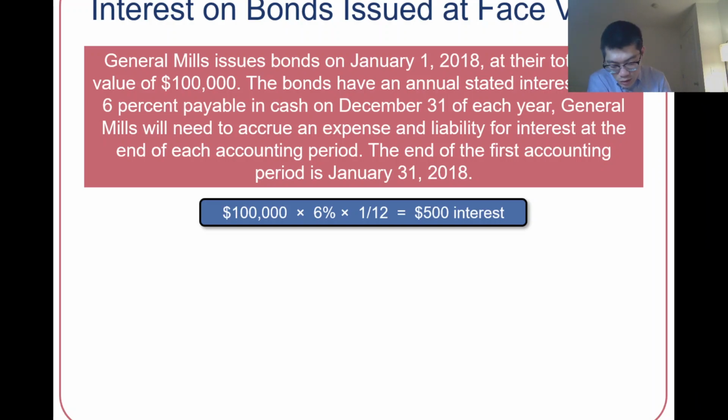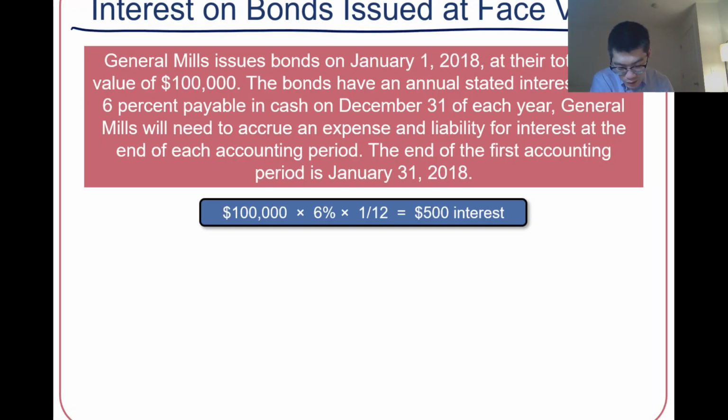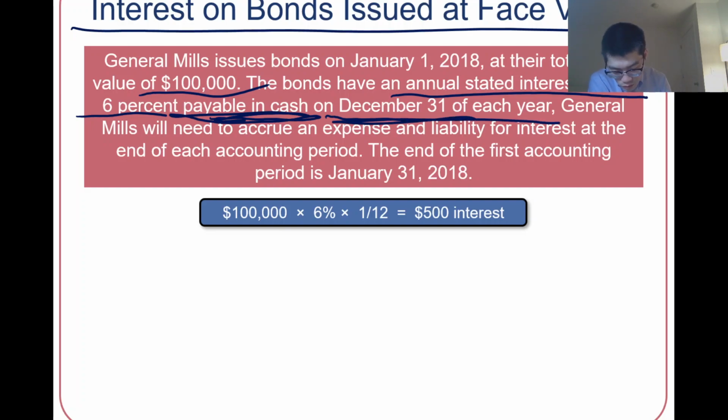Now, interest on bonds issued at face value. The total face value is $100,000 again, and the annual stated interest rate is 6%, paid in cash on the last day of each year. General Mills will need to accrue an expense and liability for interest at the end of each accounting period.